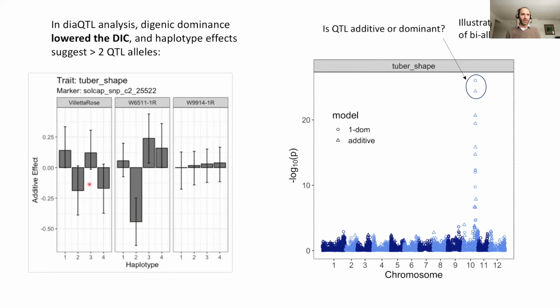Then maybe there's a second allele for haplotypes 2 and 4 in the first parent. Looking at these haplotype effects, I would guess there's at least 3 different QTL alleles present at this locus. And I think that's why we don't get as clear an understanding of the gene action just by looking at the single SNP results in the Manhattan plot.